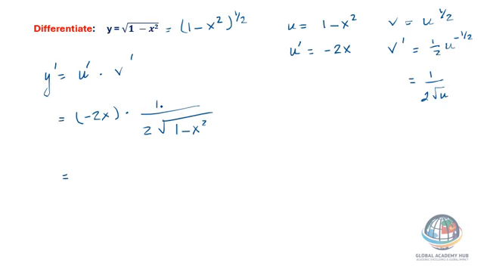Minus 2 times 1, minus 2x times 1 is minus 2x. So minus 2x over 2 is going to be just minus x. So my numerator is just going to be minus x divided by the square root of 1 minus x squared. And there you go. That's my answer.